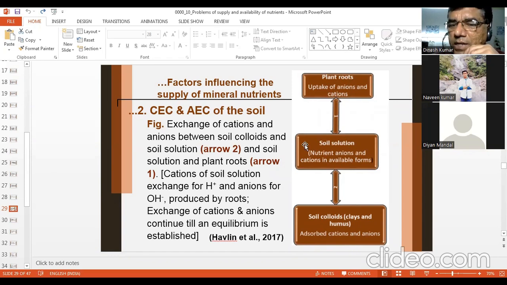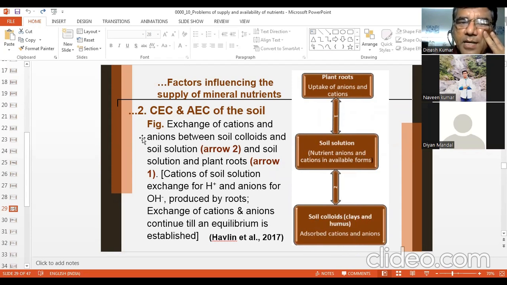So it can get nutrients from soil colloids. Clay and humus are the soil colloids, and adsorb cations and anions. They can be transferred to the soil solution. So this is how, and you can see that things are almost in equilibrium.